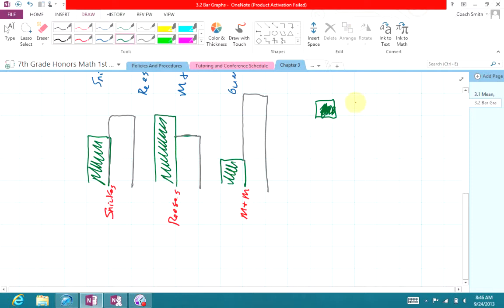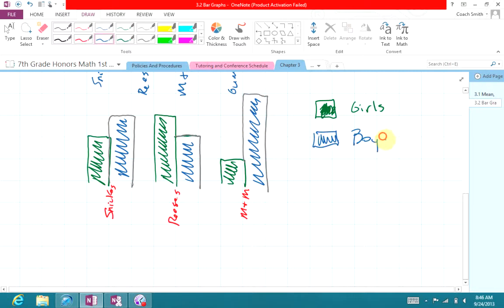okay, the green box represents girls. Okay, the blue box represents boys.